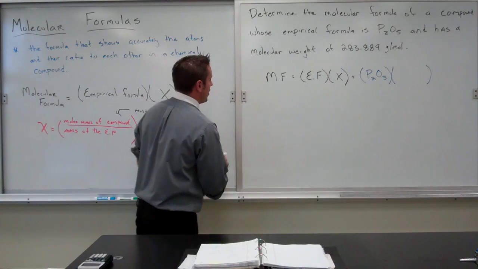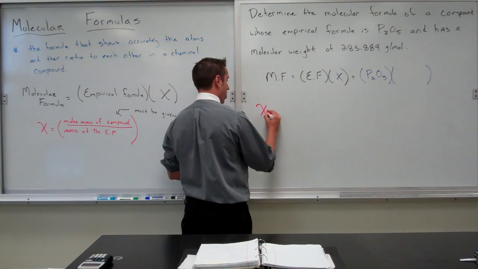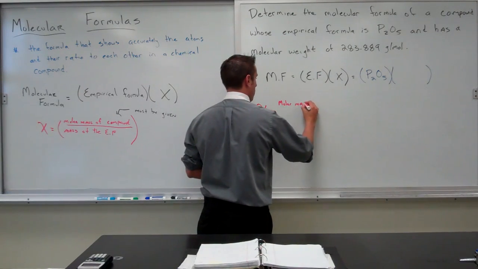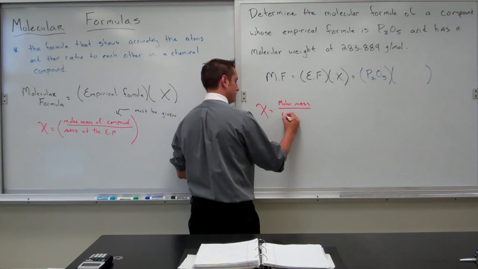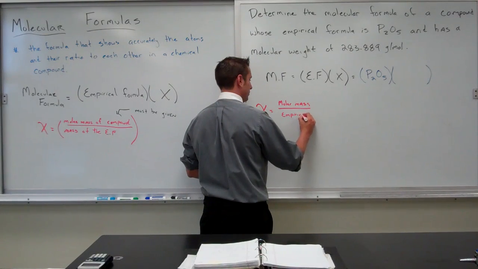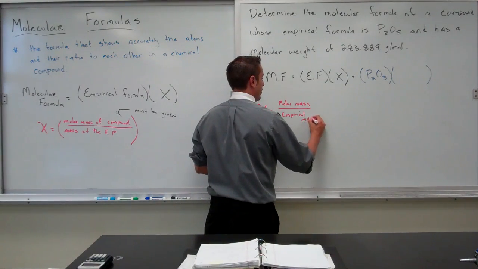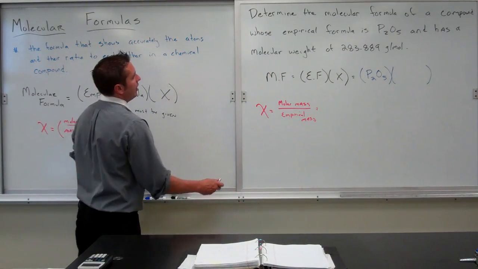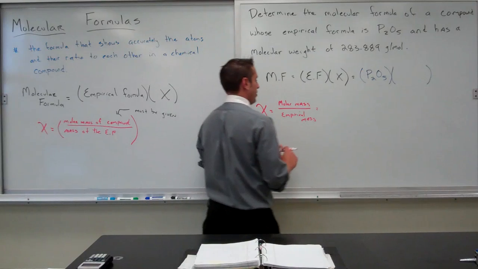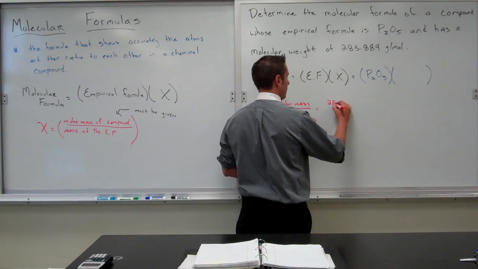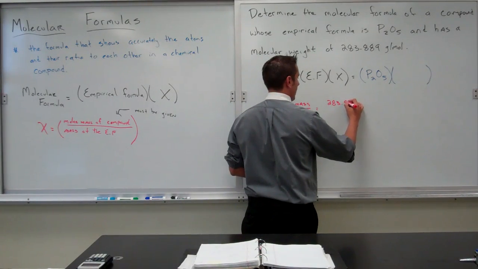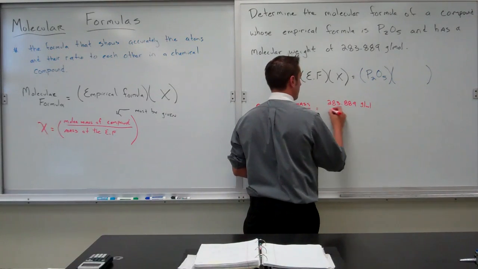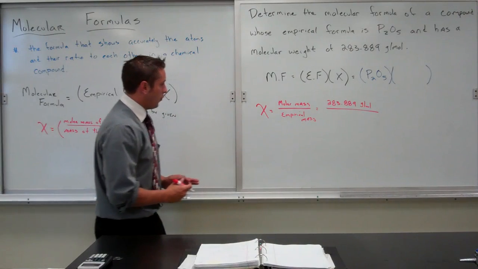So if we take a look when we go to find X, the molar mass is supposed to be given to me all the time, and sure enough, it's given to us right there, 283.889 grams per mole over the empirical formula mass.